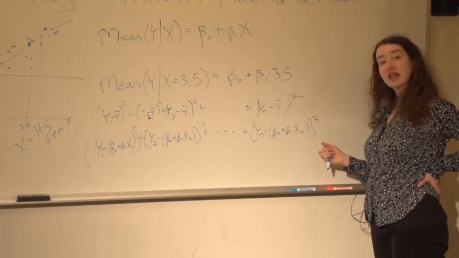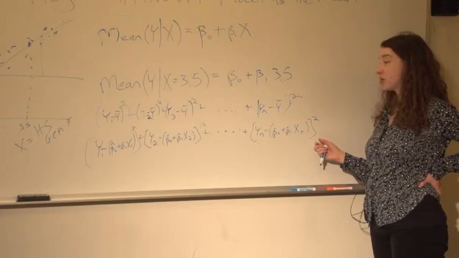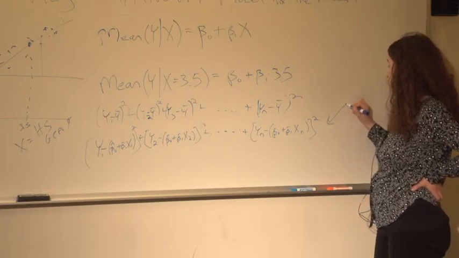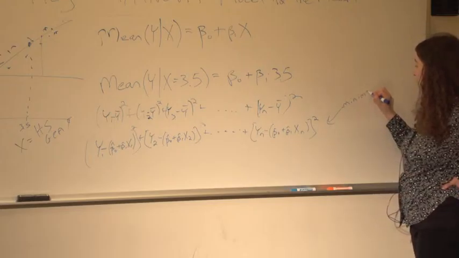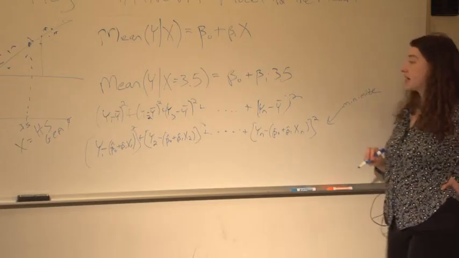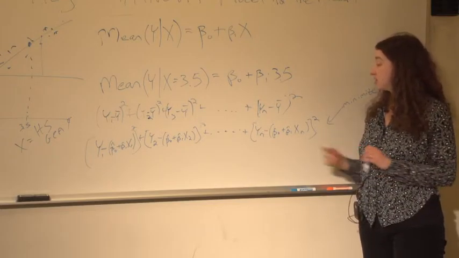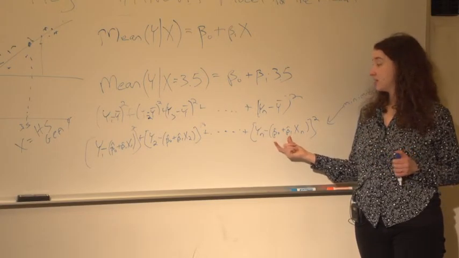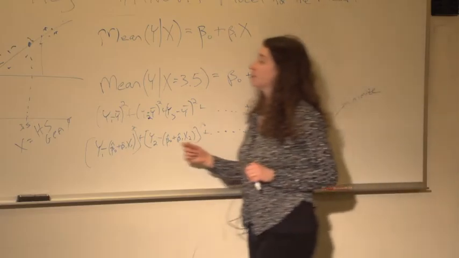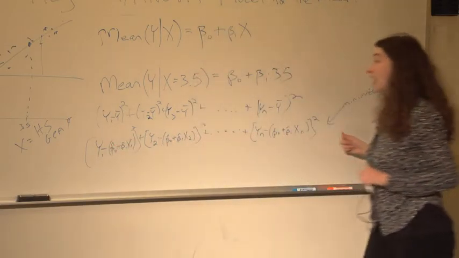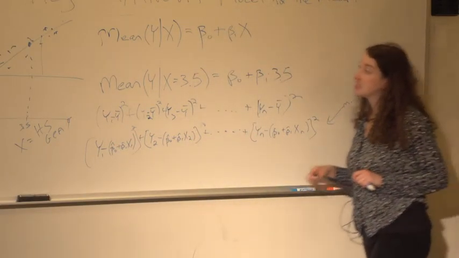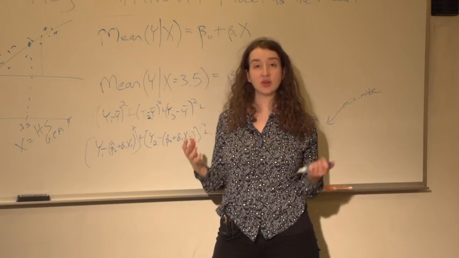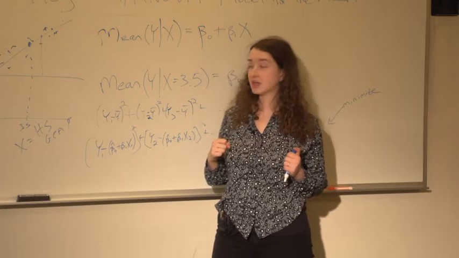The way we select the regression line that's most appropriate is by trying to minimize this quantity. We try to choose the values of beta 0 and beta 1 as our estimates that make this whole quantity as small as possible. Because ideally, this line would be as close to the points as possible. Ideally, those residuals would be as close to 0 as possible.